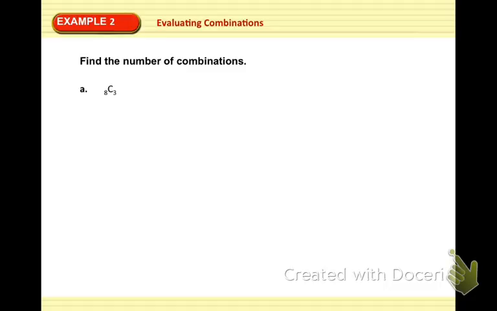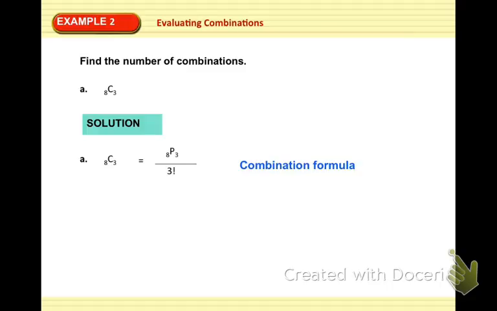So for finding the number of combinations, if we have 8 things taken 3 at a time and order is not important, you could use the formula. And this is how it'll work out, right?